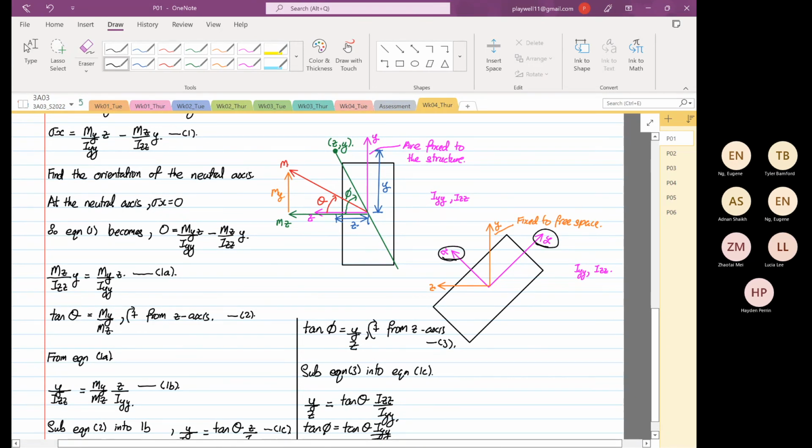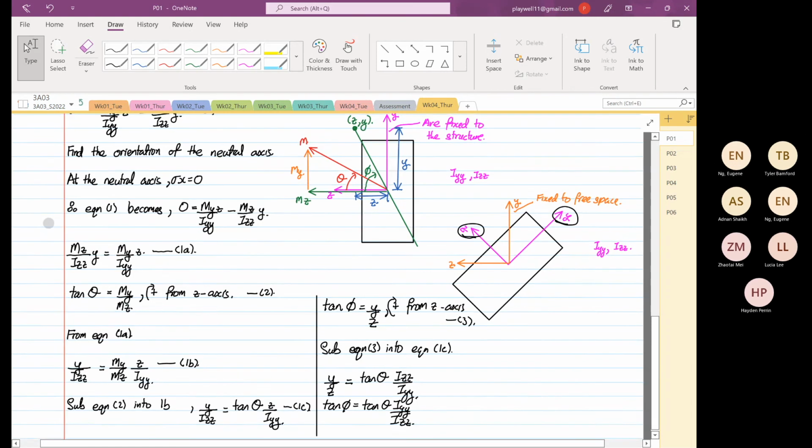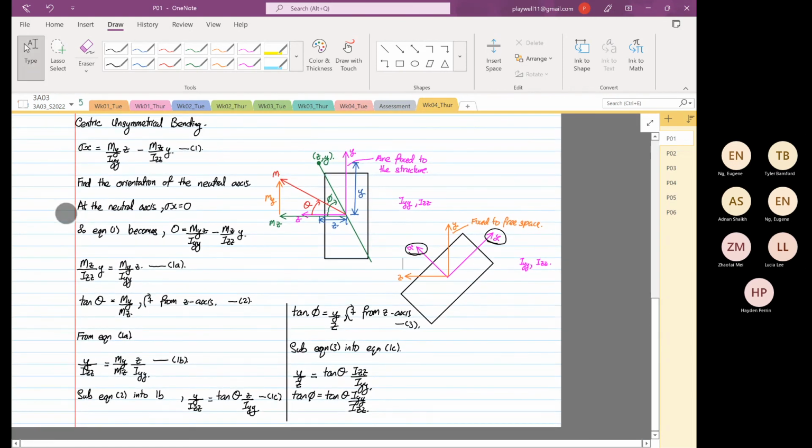Okay. So a lot of times students are confused because they could not remember that this axis is fixed to the structure. Okay. So I will now do an example. Okay. Does anyone need to clarify anything, or are you okay? I think the most important part is I want you to see how this is derived. Okay. And it's not difficult.